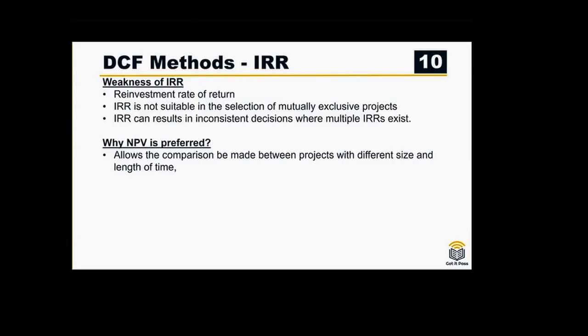But for IRR, it depends. The reinvestment rate may be higher for some projects, so they will be chosen, but their NPV is lower and smaller. With NPV, the cash flows are discounted at the required rate of return of our investors, which is the cost of capital.